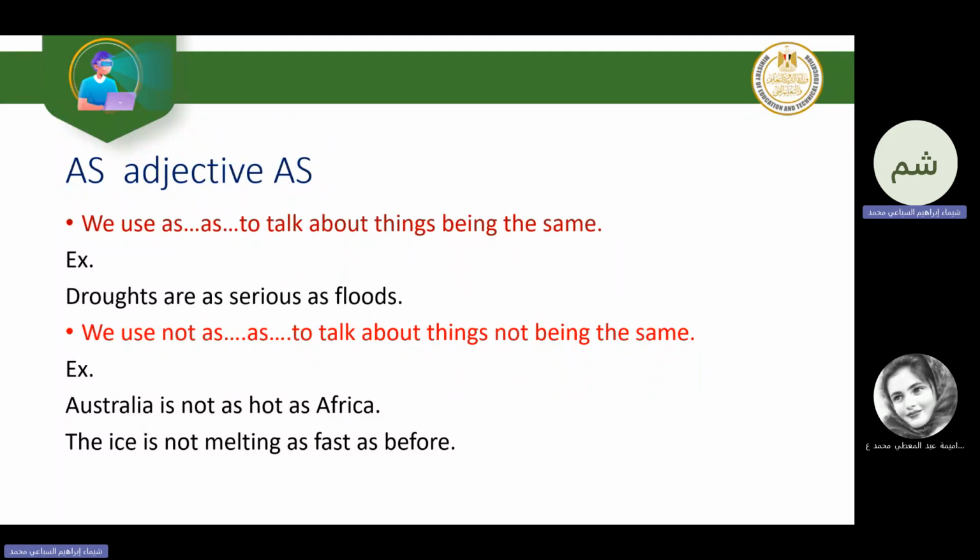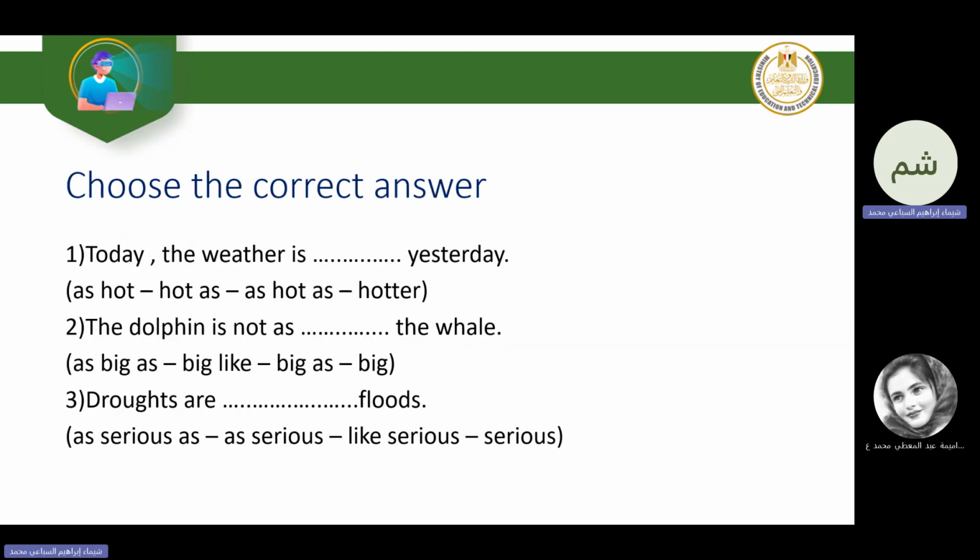If things are the same, we use as, adjective, as. But for things not being the same, we use the negative, not as, adjective, as. For example, Australia is not as hot as Africa. The ice is not melting as fast as before. This is the last language in this lesson.